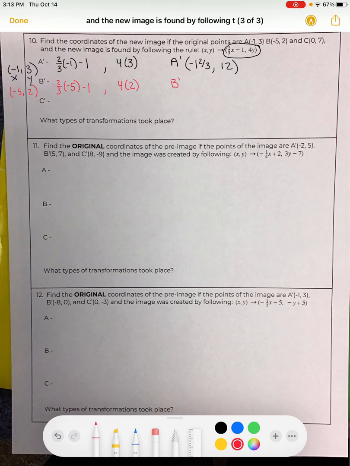Then our new b term, and this is where it got a little complicated, just because 2/3 of -5 comes out to a little more difficult. That's 10/3, and 10/3 would be -3 1/3. So when you minus 1, that's -4 1/3.